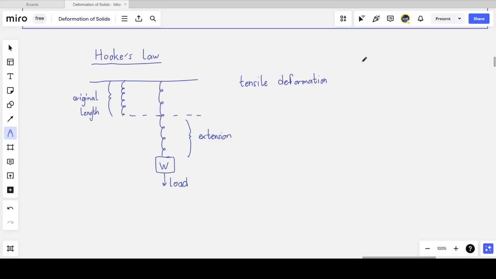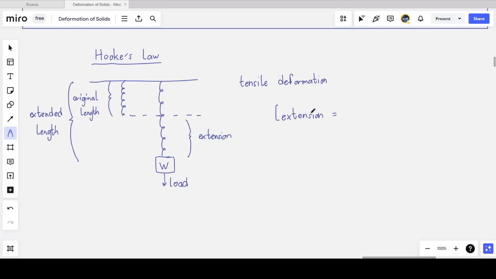And what we'll do is label this entire length from the ceiling to the bottom of the spring as the extended length. Now that the spring has been extended, the total length is called the extended length.